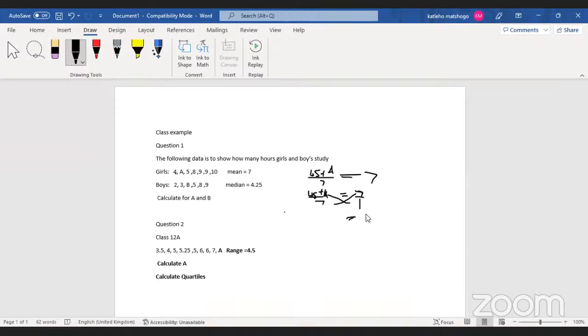This multiplied by 1 is equal to 45 plus A, and then 7 times 7 is 49, which is equal to 45 plus A. Obviously we want A, so it's 49 minus 45.